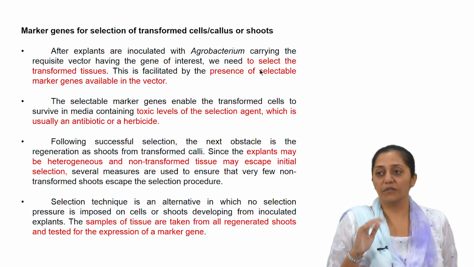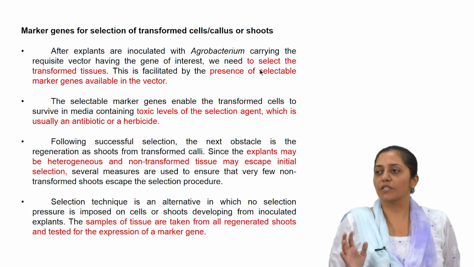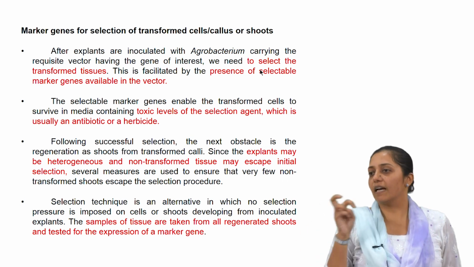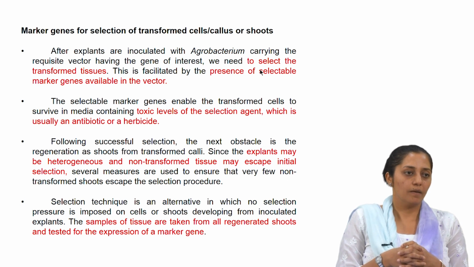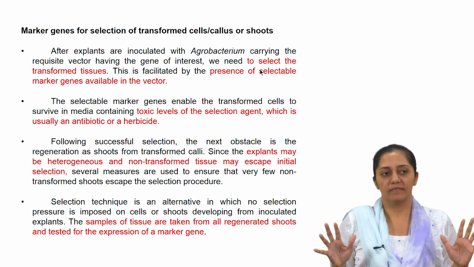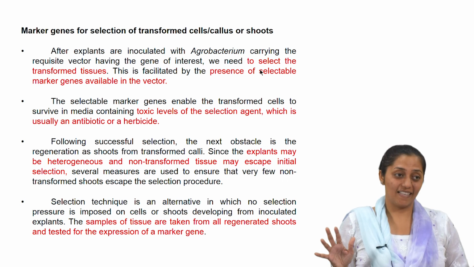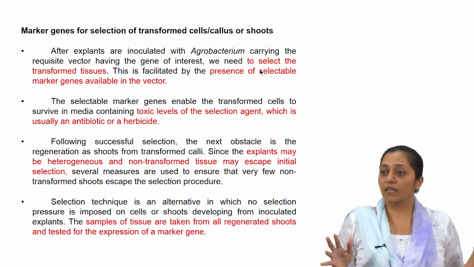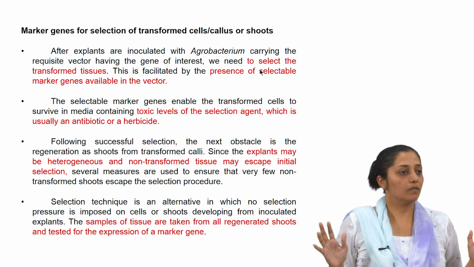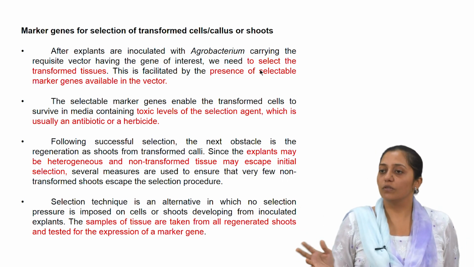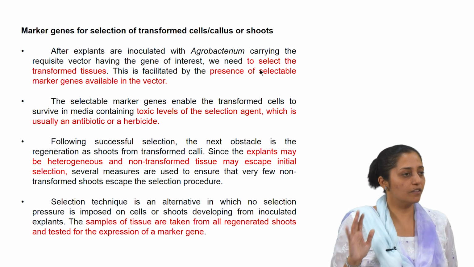Or when should it be used? For transformation, what are you doing? You are bringing the Agrobacterium in close contact with the cells, but ultimately what do you want? Transformed plant cells. You can't keep growing Agrobacterium because it will overgrow, which will subsequently lead to loss in the viability of the cells and the growth.